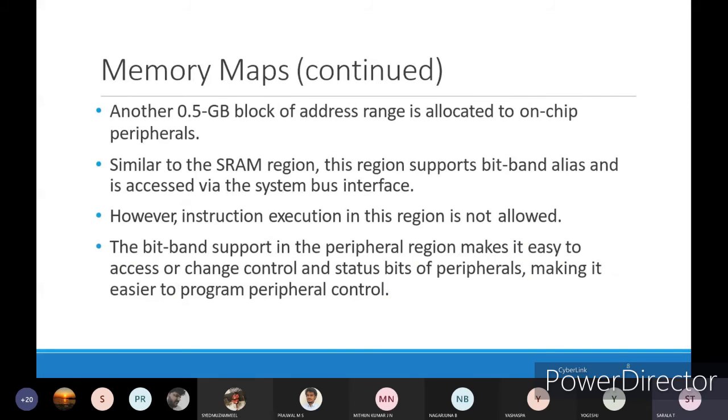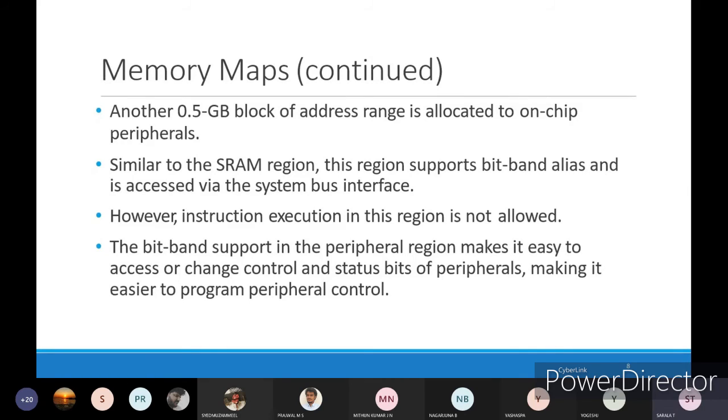Next is another 0.5 GB block of address range allocated to on-chip peripherals. Similar to the SRAM region, this region supports the bitband alias and it is accessed via the system bus interface.